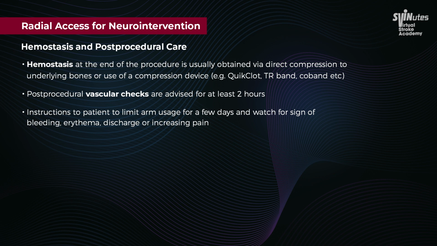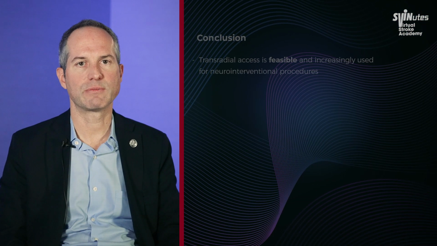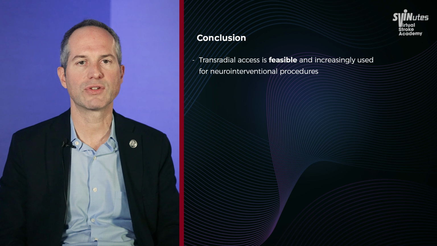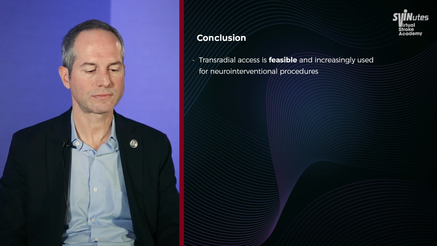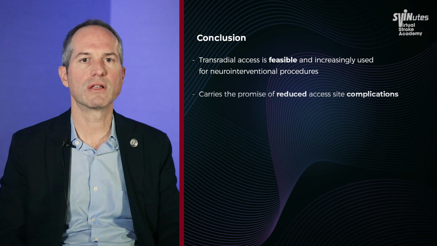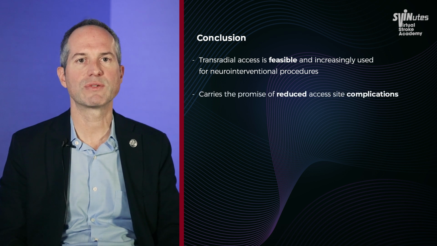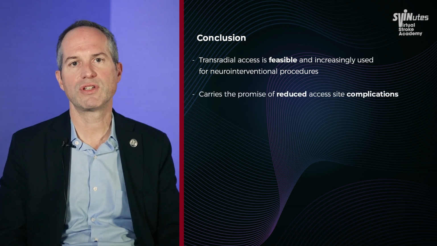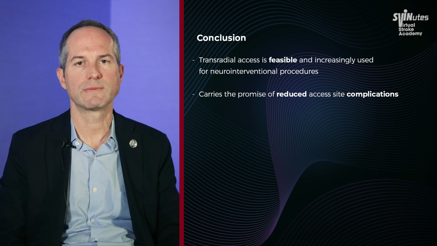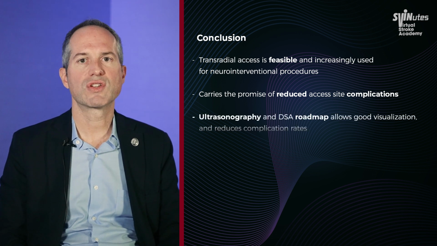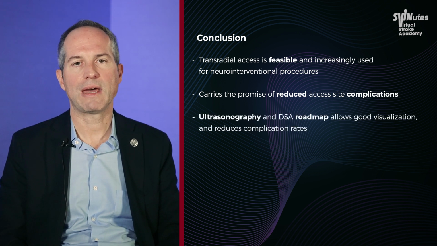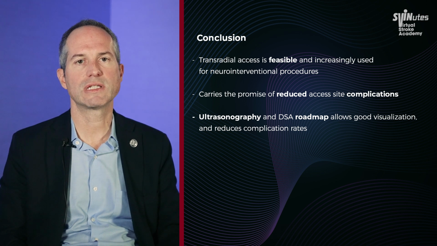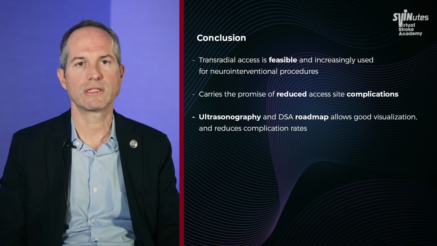In conclusion, transradial access is a safe, feasible, and increasingly utilized alternative for vascular access for neurointerventional procedures. Utilizing a smaller vessel at an easily compressible site carries the promise of reduced access site complications. Ultrasonography and DSA roadmap allow good visualization of the vessel and its branches and reduce complication rates.